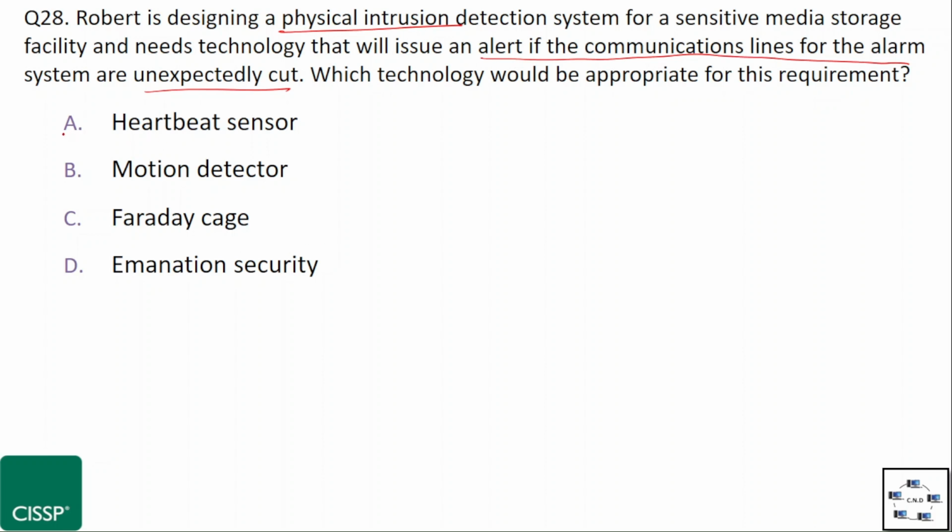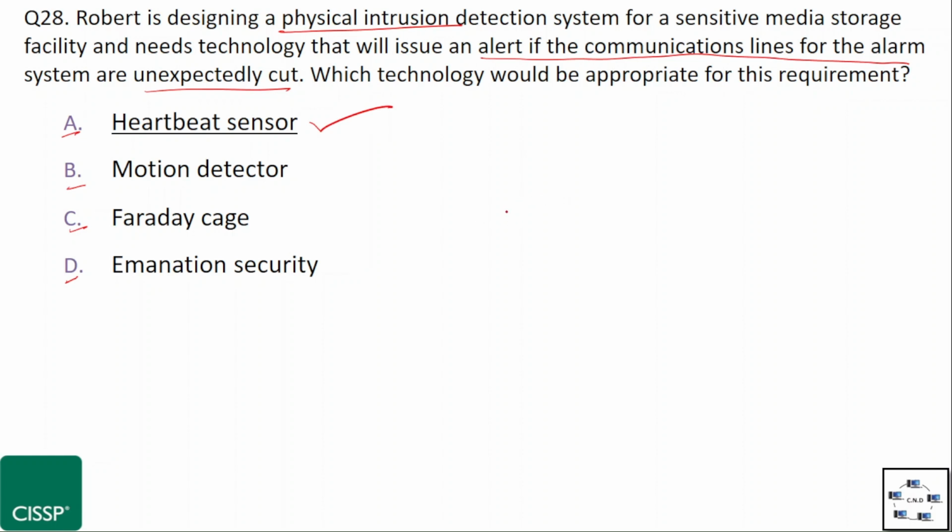The options are option A, heartbeat sensor, option B, motion detection, option C, Faraday cage, and option D, emanation security. And the correct option is, of course, the heartbeat sensor.